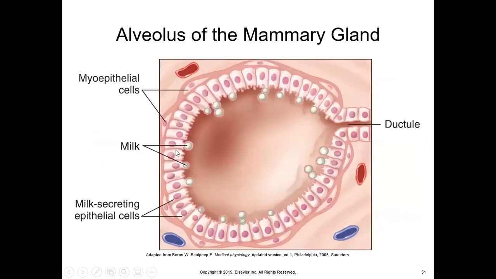So this is one of the ducts that produce milk. These are the cells that surround that duct. Each cell will produce a little bit of milk, and that milk will collect and go through this ductule.